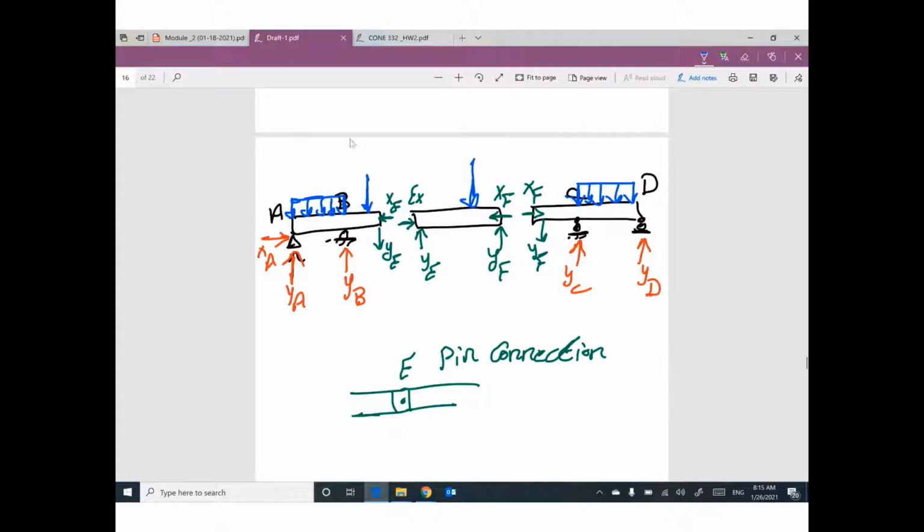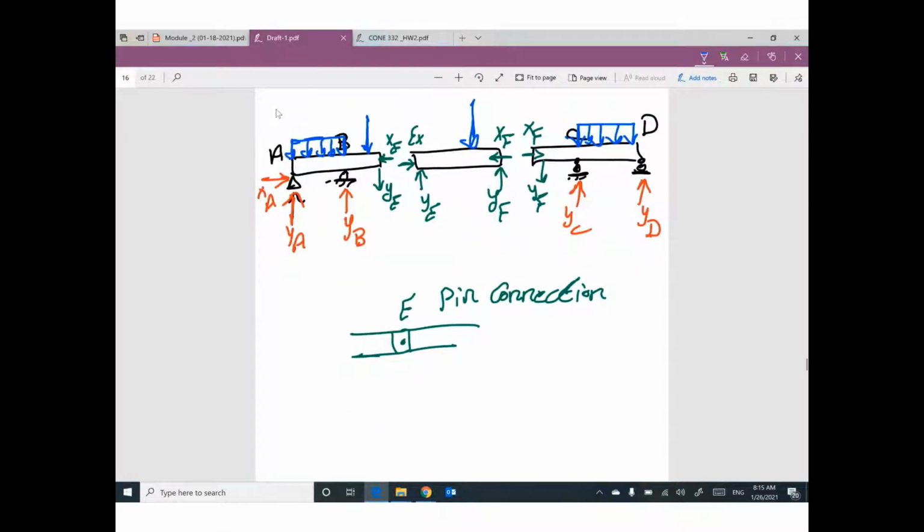So we have 3 parts. Part number 1, part number 2, and part number 3.